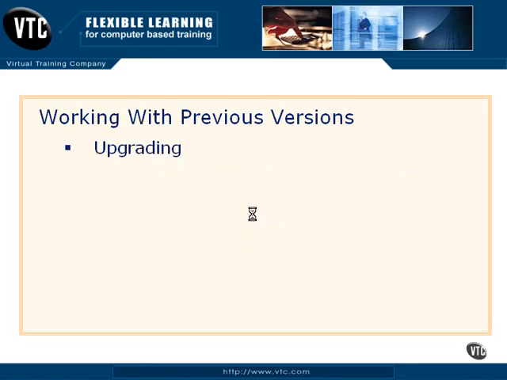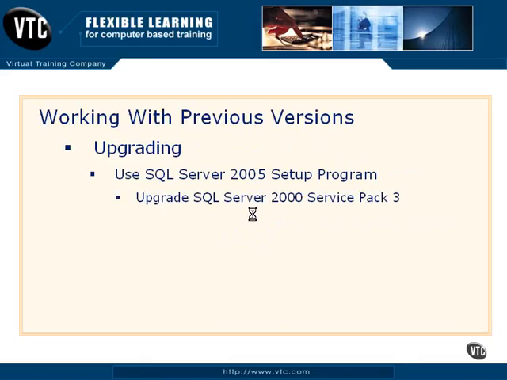Now, when we talk about upgrading, pretty straightforward here. To upgrade a previous version of SQL Server to SQL Server 2005 is pretty straightforward. We're going to use the SQL Server 2005 setup program. So we're going to put our disk in, let it auto run, and we're going to go into the setup program. And notice that we can directly upgrade any SQL Server 2000 installation that's running Service Pack 3.